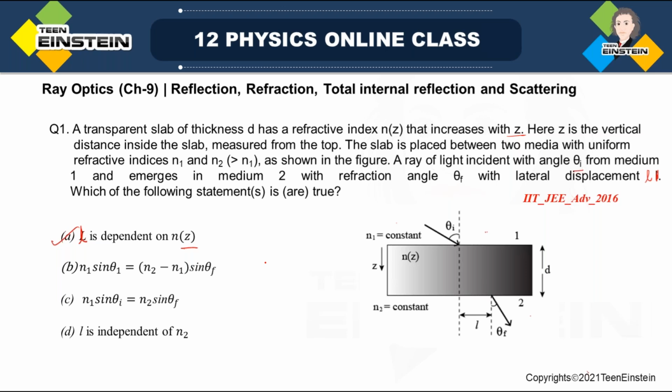Now let us see. Here, if we apply Snell's law, we just write this first medium, then sine of the angle of incidence in the first medium, then refractive index of the medium where the light emerges, into sine of the angle of refraction, that is f over here.